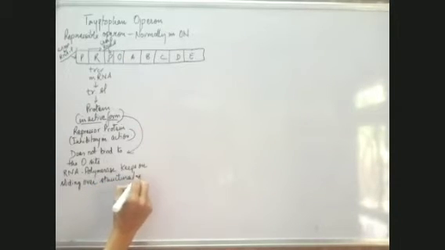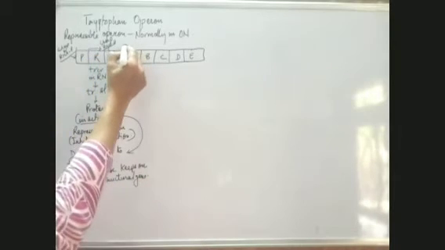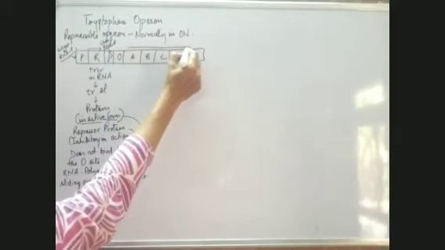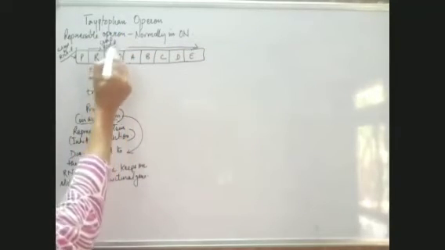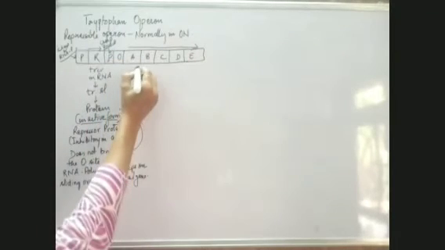It keeps on sliding over the structural genes, and because nothing has bound to the O site, there is no hindrance on the way, so this RNA polymerase will slide over these genes.